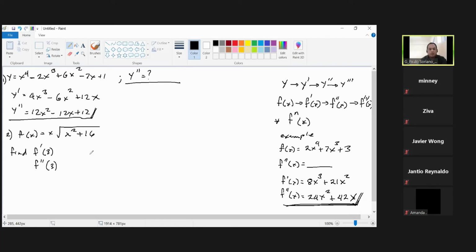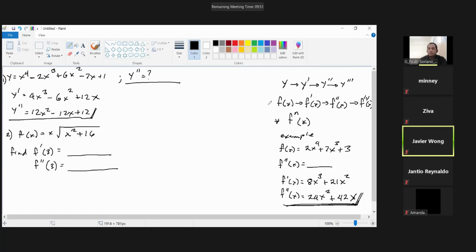Meaning, find the value of the first derivative when x is 3, and find the value of the second derivative when x is 3. You understand the meaning of this? Yes, teacher. Okay, so let's work on it then.